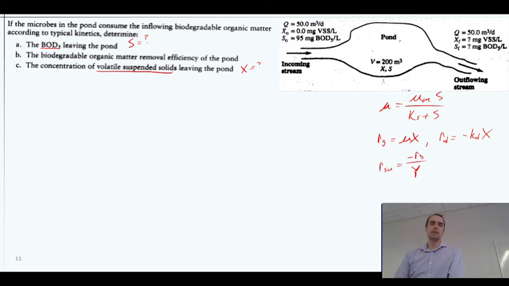Yeah, we said it was basically a CSTR. So a mass balance on a CSTR. But what would that look like? We've got 0 equals Q what? QS, or QS naught, QX. Oh, like entering it. Oh, okay.